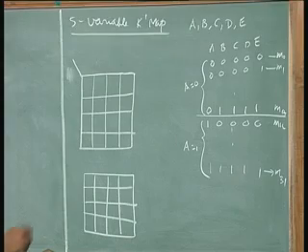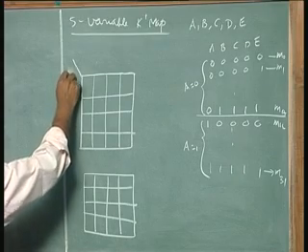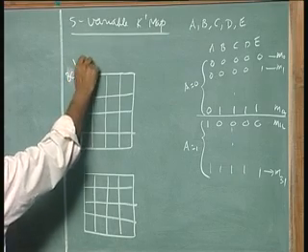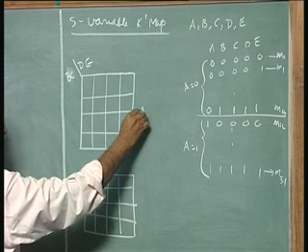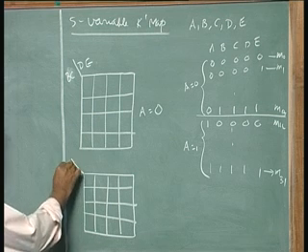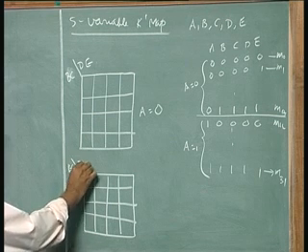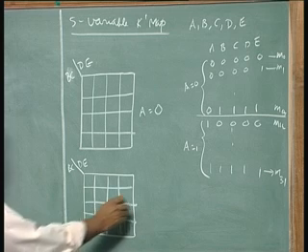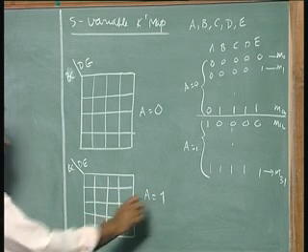So, I will draw this map with variables B, C, D, E, always remembering A is equal to 0 in this map. Likewise, I will do B, C, D, E one more time, always remembering A is equal to 1 in this map.